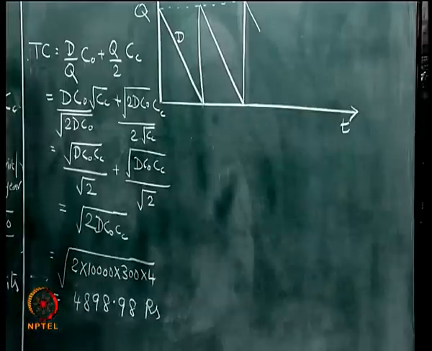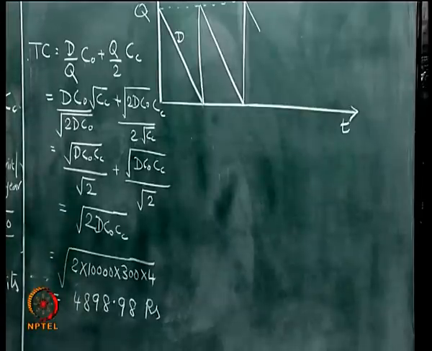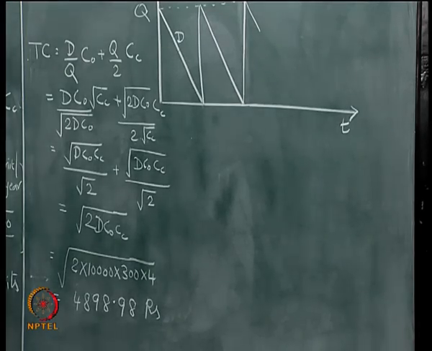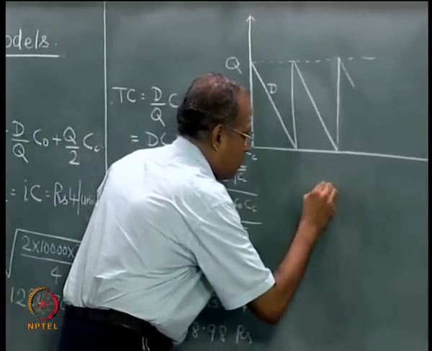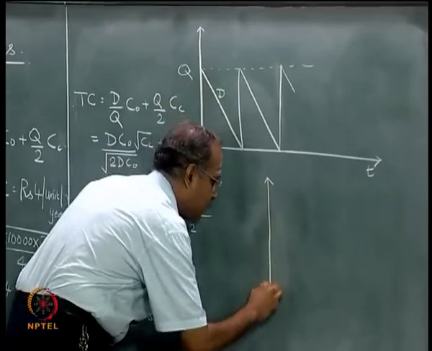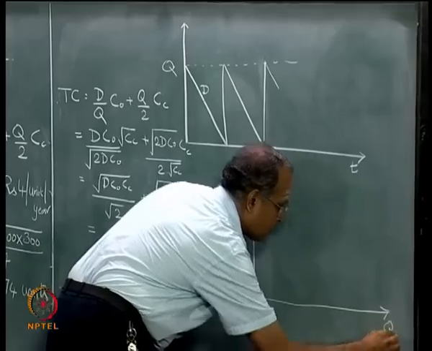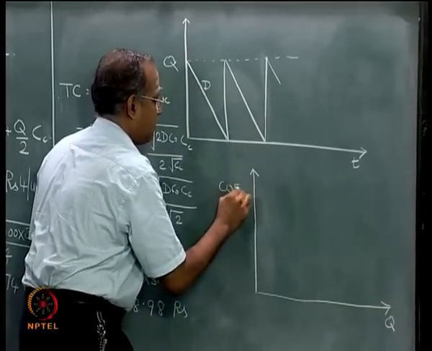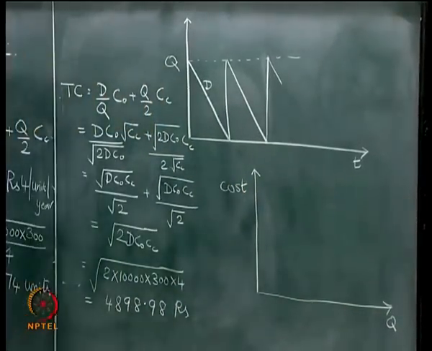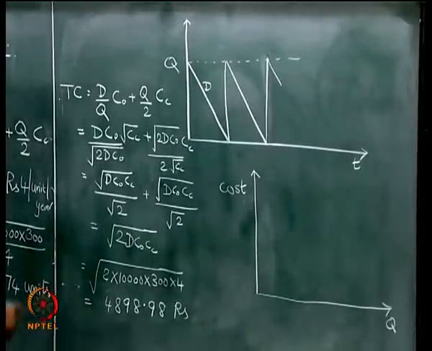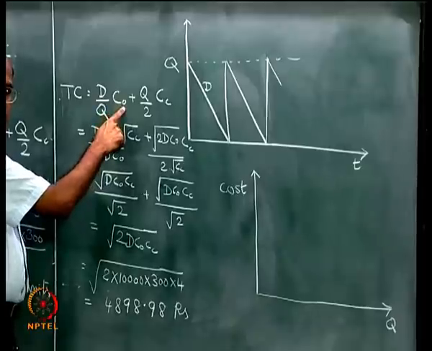Now, let us also try and draw a graph that depicts the economic order quantity. So, if we look at cost versus order quantity, the order cost is of the form D by Q into C naught.